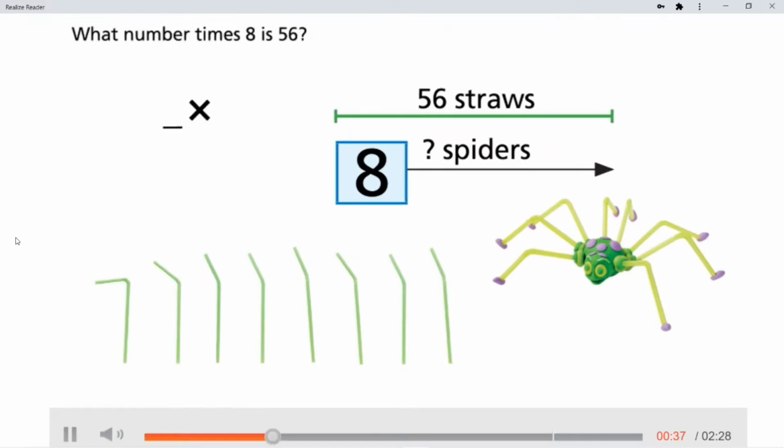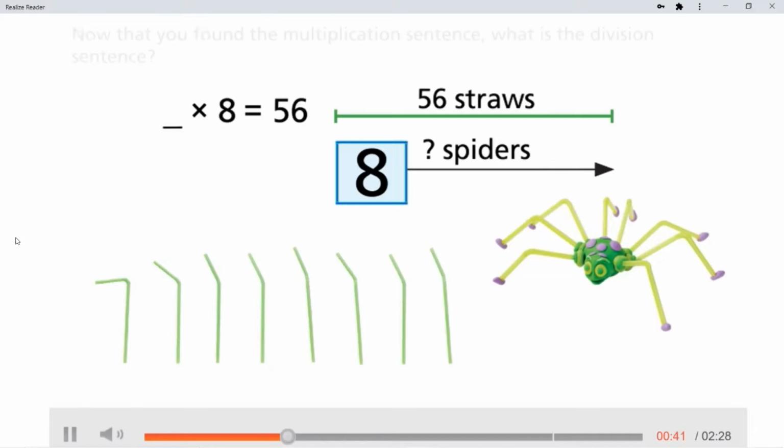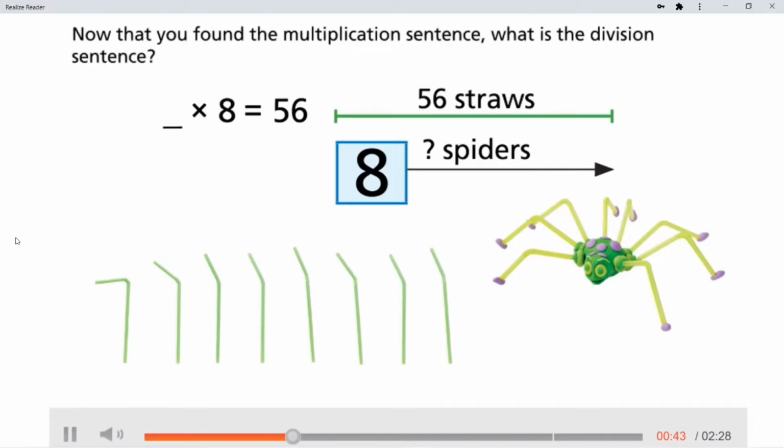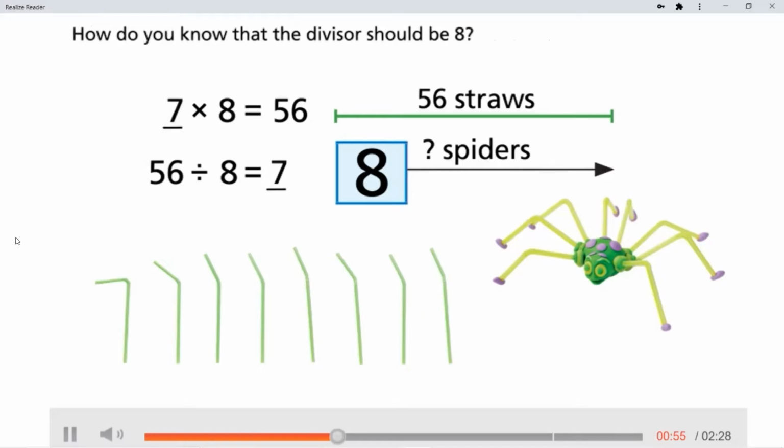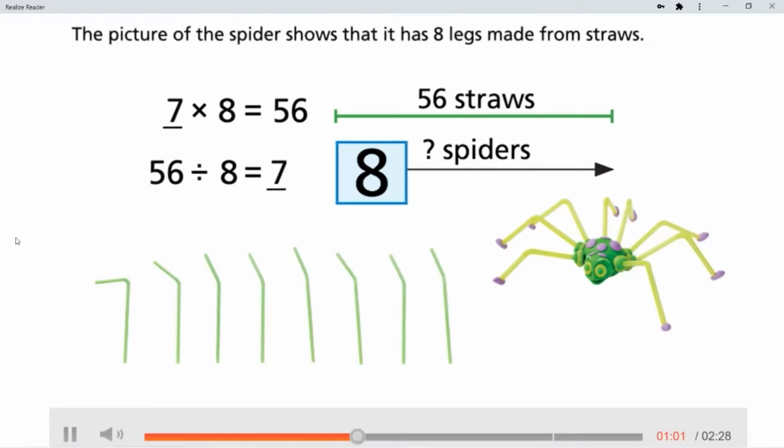What number times 8 is 56? Now that you found the multiplication sentence, what is the division sentence? John can make 7 spiders. How do you know that the divisor should be 8? The picture of the spider shows that it has 8 legs made from straws.